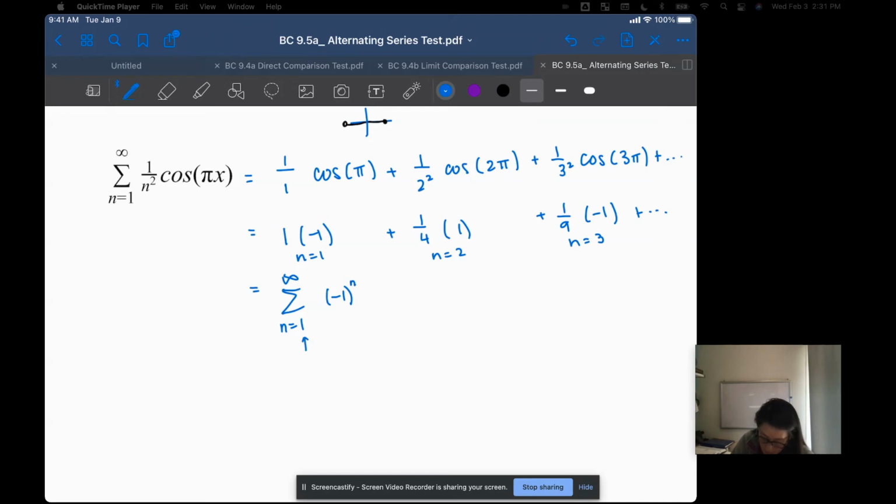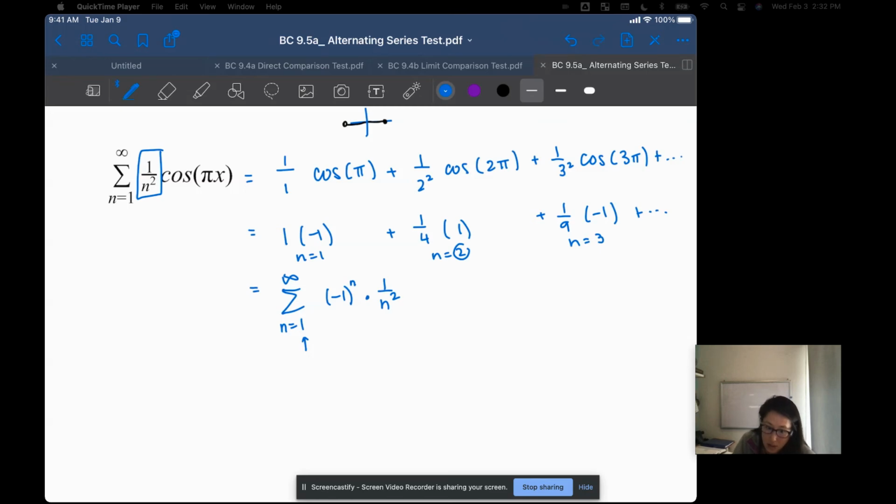So when I plug in 1, I get a -1. And then when I plug in 2, I'll get a +1. Okay, so -1 to the n power times, and then I need the 1 over n squared part.